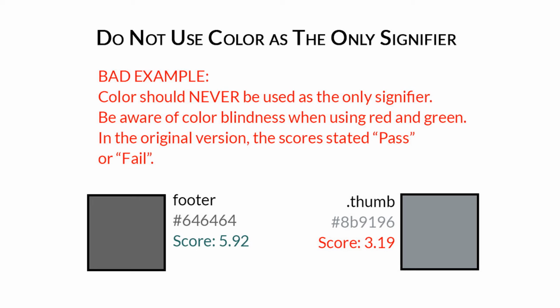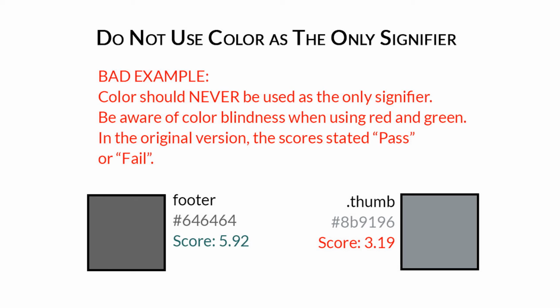Another big rule is do not use color as the only signifier. So in my previous slide, I had fail as red and pass as green. But in this slide, I am showing the footer and the thumb, and all I have is the color on the score: green for the footer and red for the thumb.